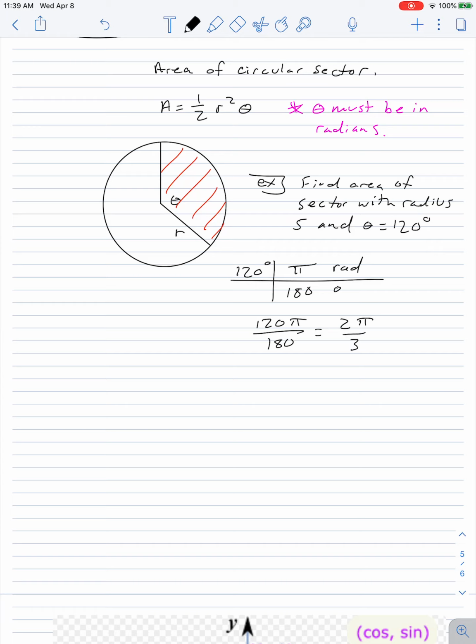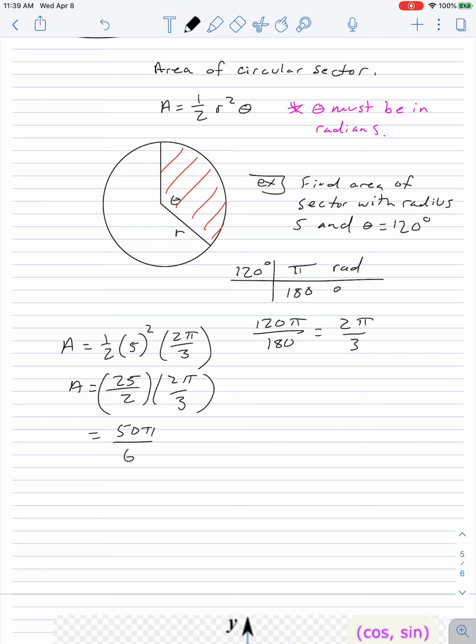And then I plug into the formula. So they want to know the area. My radius is 5. I'm going to square that and multiply by 2 pi over 3. So this is going to be 25 over 2 times 2 pi over 3. So this is going to be 50 over 6 pi.